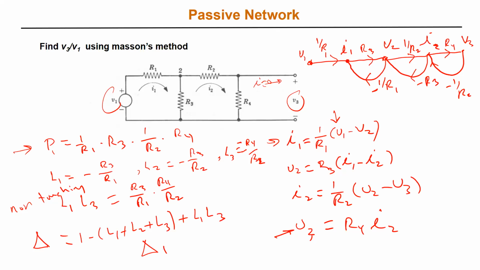It's not 0, it's 1, because we take out all the loops touching the path. Since all the loops are touching the path, delta 1 equals 1.